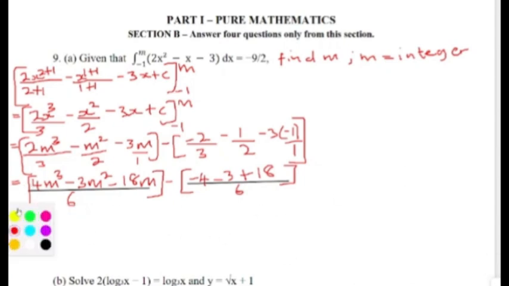Now this implies, I would like to factor out 1 over 6 for simplicity. So this becomes 4m cubed minus 3m squared minus 18m. Then we have here minus 4 minus 3 plus 18.